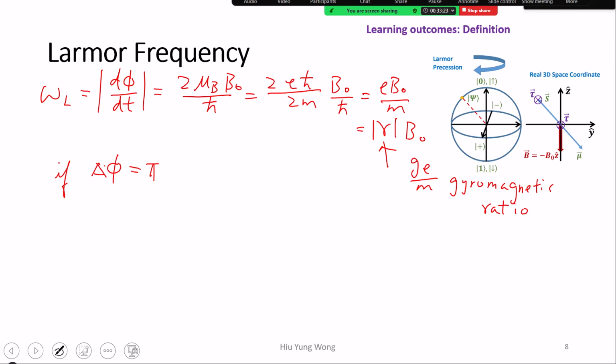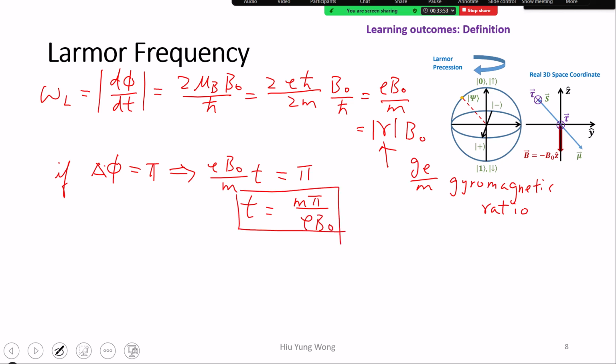Then what do you get? Then it means that eB0 over m, which is the angular frequency, times time equals pi. It means that I want it to rotate by pi, 180 degrees. This gives us t equal to m pi over eB0.